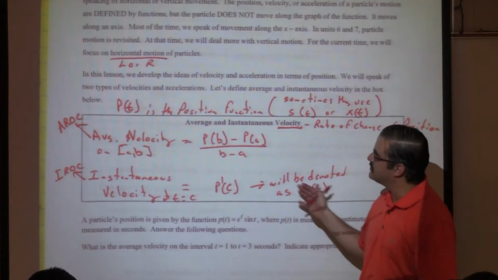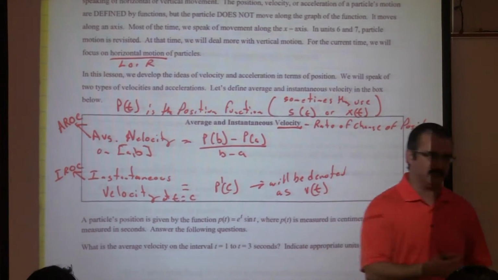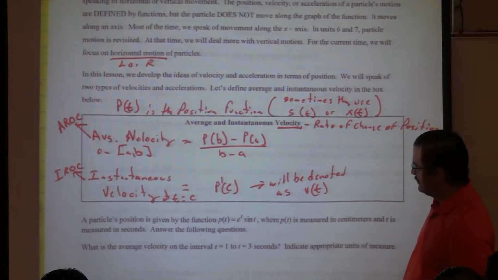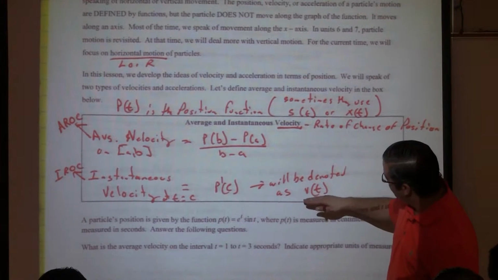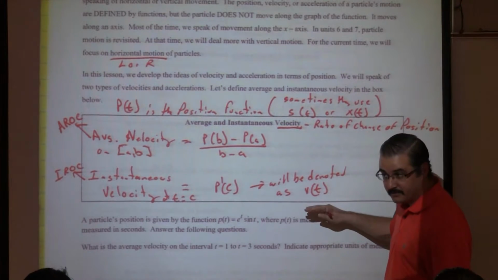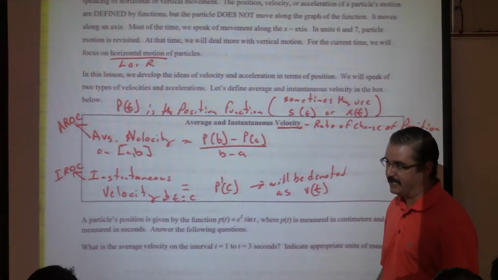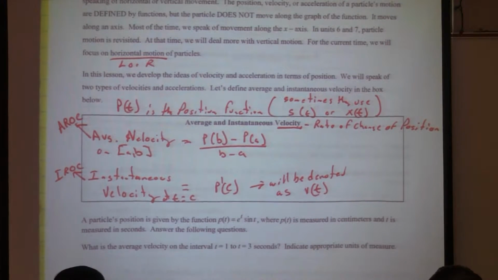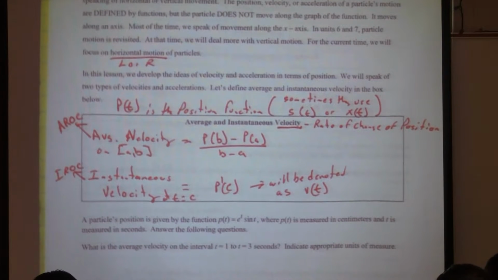There's no notation that is used for average velocity. You just have to write average velocity. Okay? Good? If we write V of t, it's understood to be the instantaneous velocity. It's the derivative of the position function, the first derivative. Good?